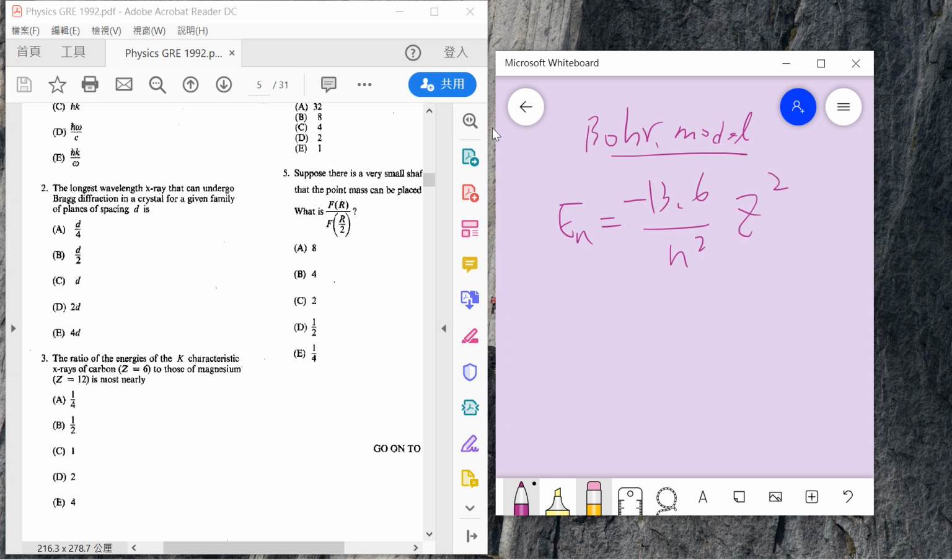You need to remember the dependence of this E_n on Z, the number of protons in the nucleus. It is proportional to Z squared, and Z6 divided by Z12 is just (1/2) squared, which is 1/4.